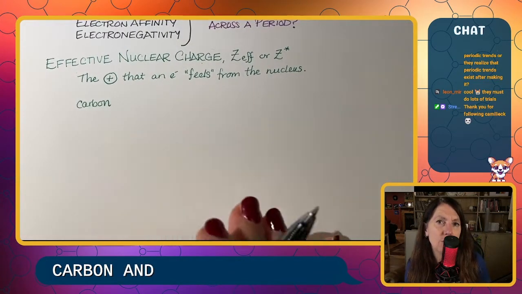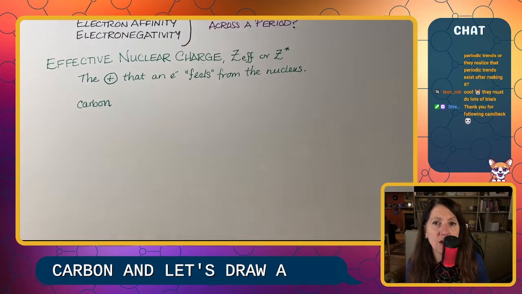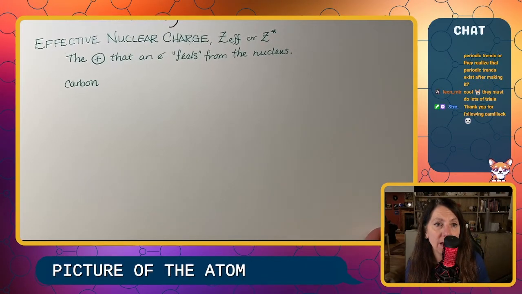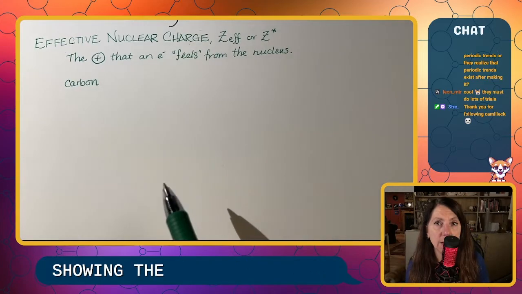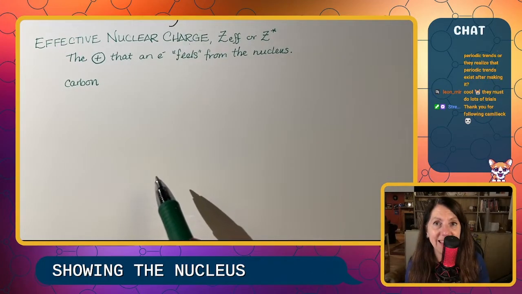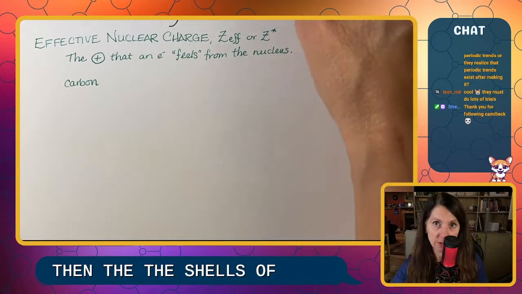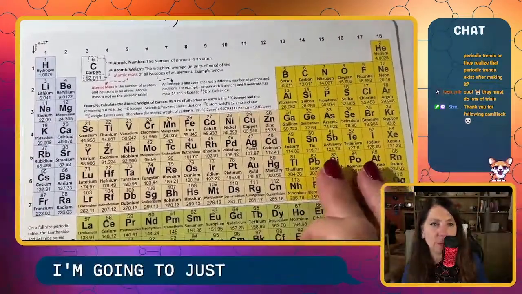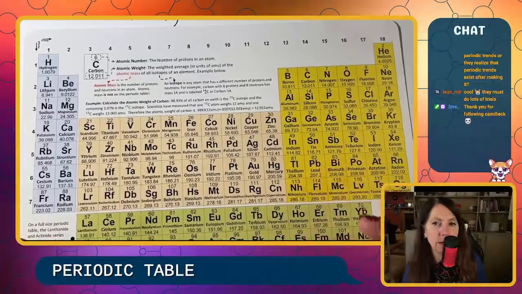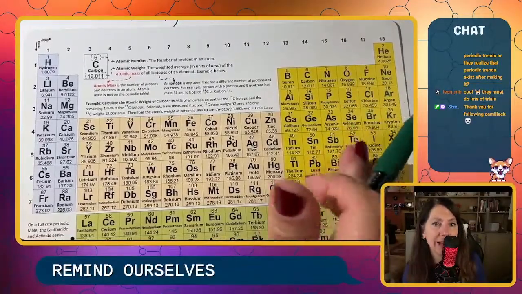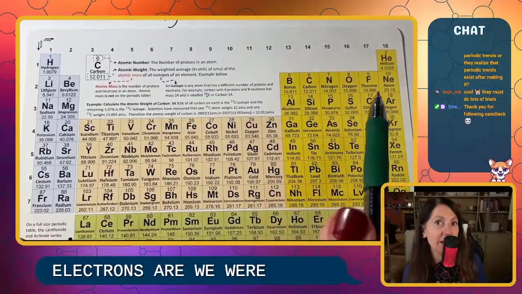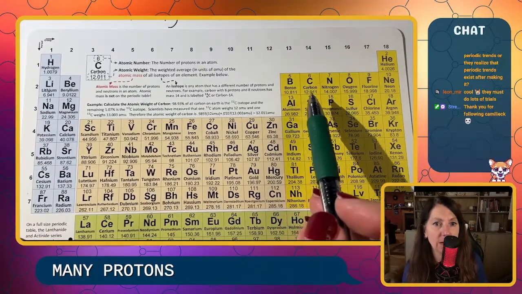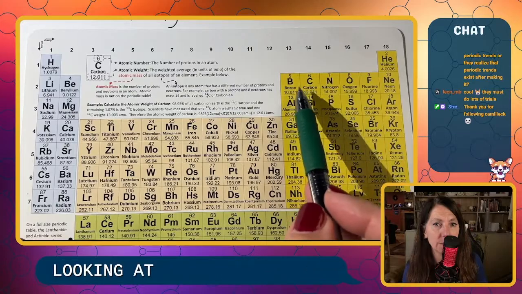And let's draw essentially a cartoon picture of the atom that is showing the nucleus and then the shells of electrons around it. I'm going to grab a periodic table so we can remind ourselves how many electrons and how many protons we're considering when we're looking at carbon.